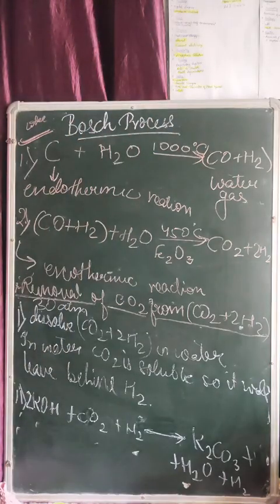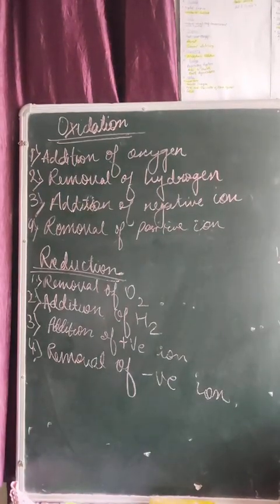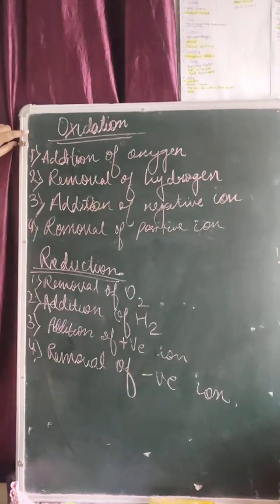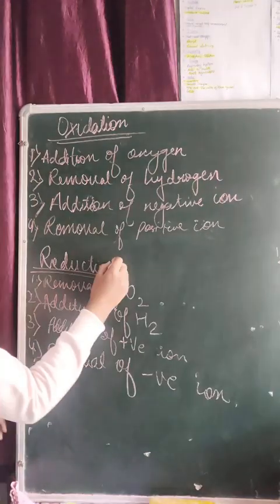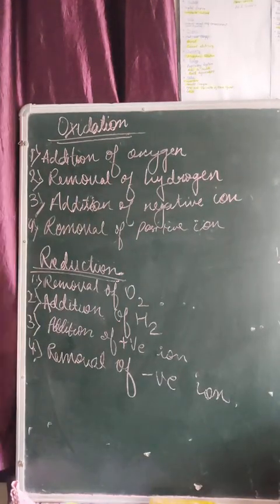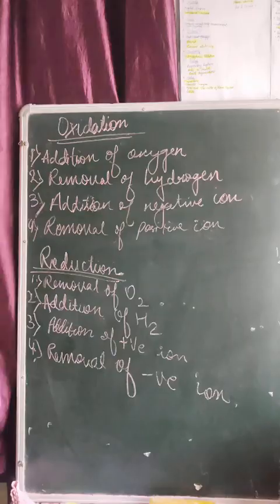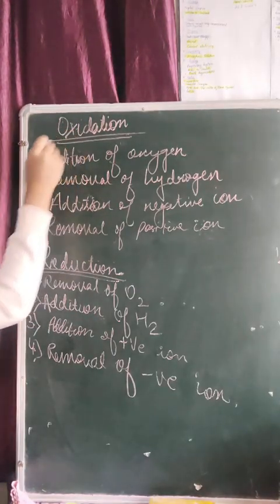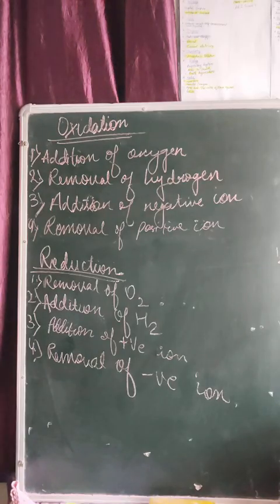Now we'll see oxidation and reduction. If in any substance oxygen is added, or hydrogen is removed, or there is the addition of a negative ion or the removal of a positive ion, in that case it will be oxidation.